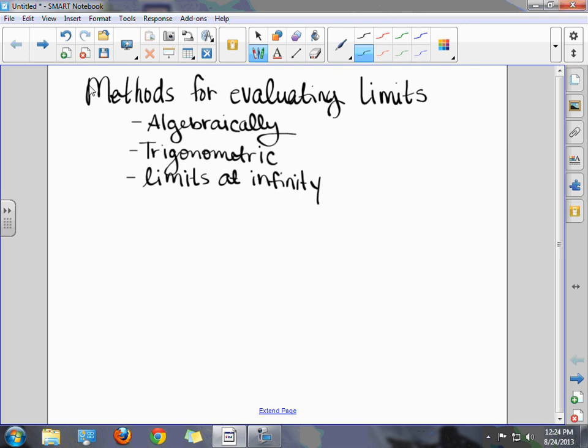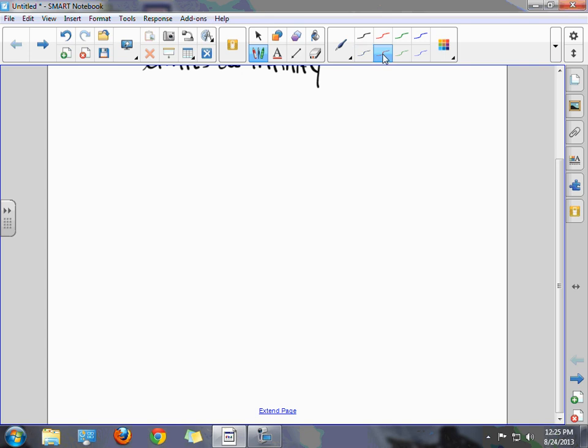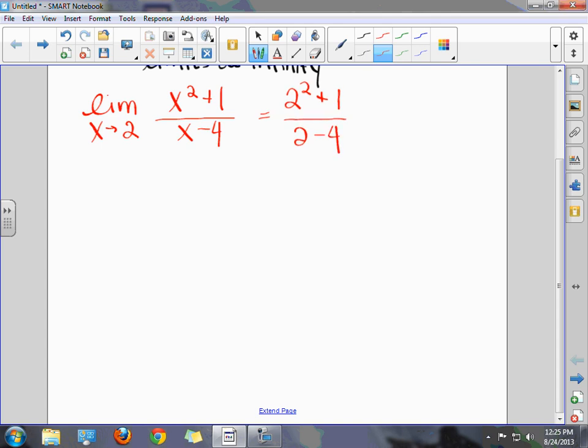So if we had something like the limit as x approaches 2 of x squared plus 1 all over x minus 4, then this function is continuous at 2, and so all we have to do to find the limit is just find the function value and plug in. So, we do 2 squared plus 1 over 2 minus 4, and we would get negative 5 halves.